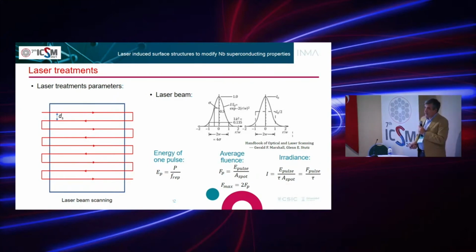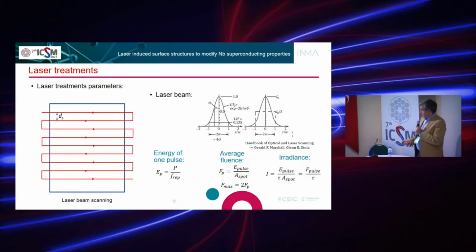In this case, we have to control several parameters. First, you start with a laser beam that reaches your surface. With the lasers I'm going to show you, the energy profile has a Gaussian type.